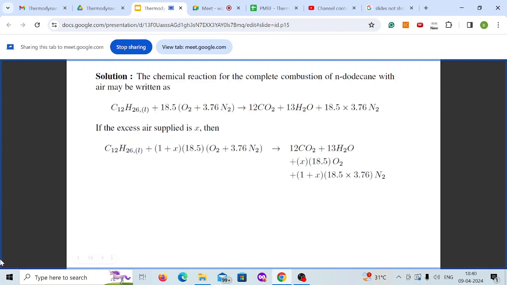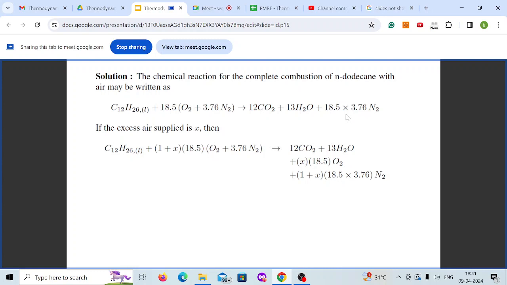So this is how the equation will be for the complete combustion. C12H26, which is in liquid form, plus 18.5 into oxygen plus nitrogen, the air, gives you 12 moles of carbon dioxide plus 13 moles of water plus similarly 18.5 into 3.76 moles of nitrogen.